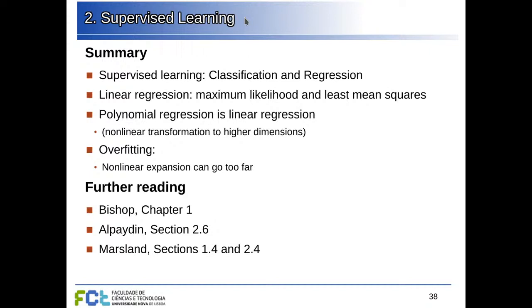So polynomial regression is an example of that, but we're going to see this idea recurring many times along the course. And to finish, we saw that we can go too far with this. If we increase too much the power of our model, we start learning things that we shouldn't. We start fitting too much to the data that we have, but then lose the ability to predict outside the data. So this is the problem of overfitting that we're going to cover next week.